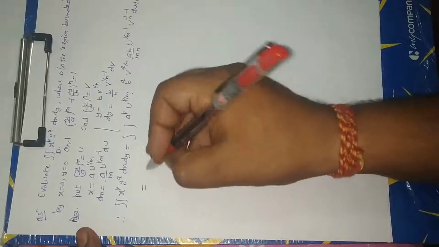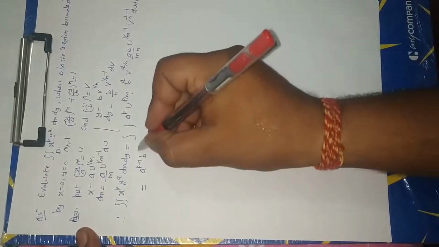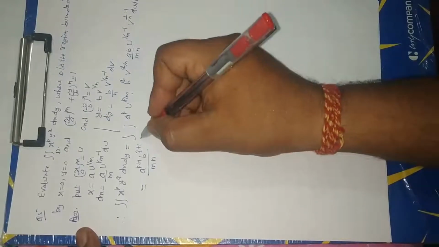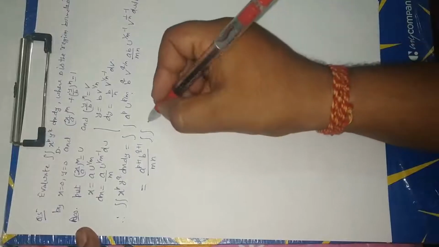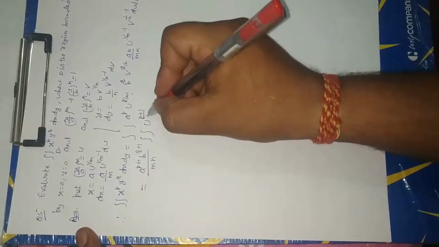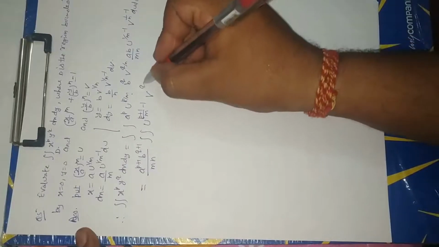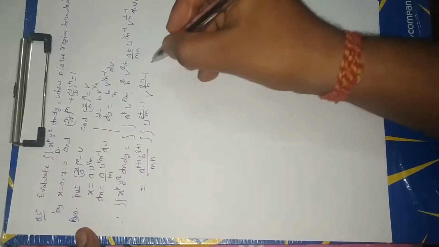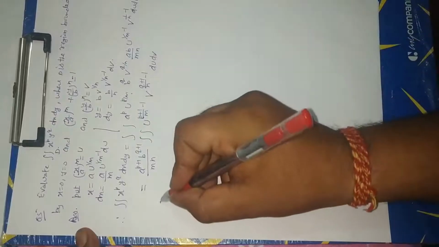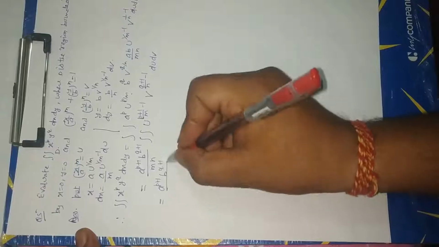This is equal to a to the power p plus 1 b to the power q plus 1 upon mn, double integration u to the power p plus 1 upon m minus 1 v to the power q plus 1 upon n minus 1 du dv.